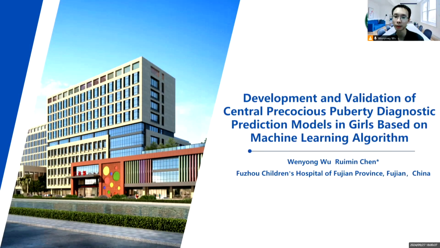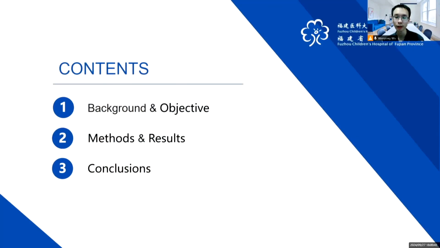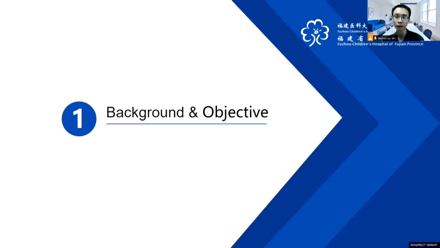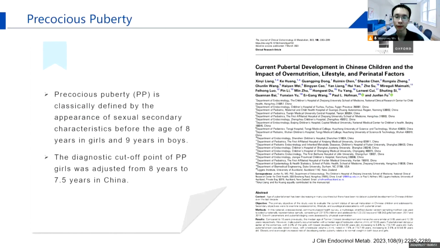Diagnostic prediction models in girls based on machine learning algorithm. I report my content in these 3 parts. The first part is background and objective. We know that precocious puberty is classically defined by the appearance of secondary sexual characteristics before the age of 8 years in girls and 9 years in boys.